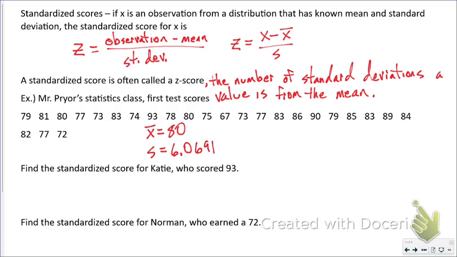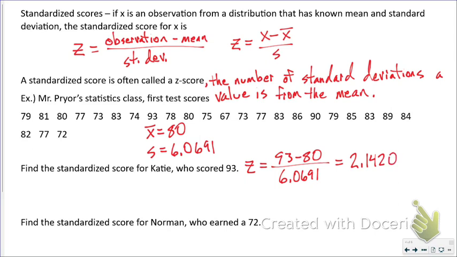So if we want the standardized score for Katie, we're going to go 93 minus the mean divided by the standard deviation. And when we do that, we get 2.142.